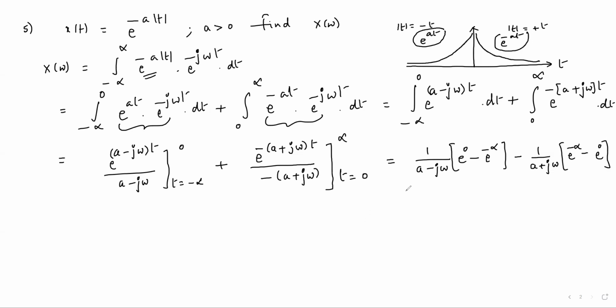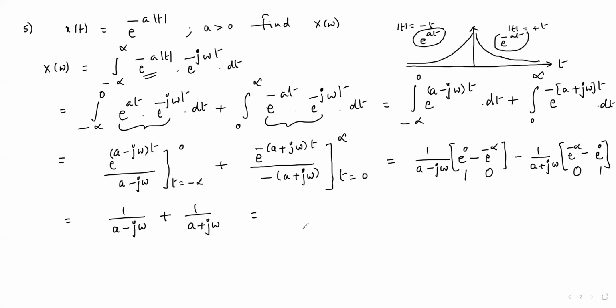Let us further simplify this one. This is 1, this is 0, this is 0, this is 1. So we get 1 divided by a minus j omega for the first term. The second term is 0 minus 1 divided by a plus j omega. Already the 1 minus 1 is there, so we can take plus here.